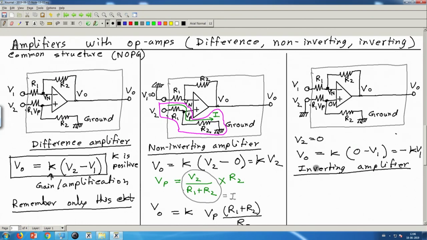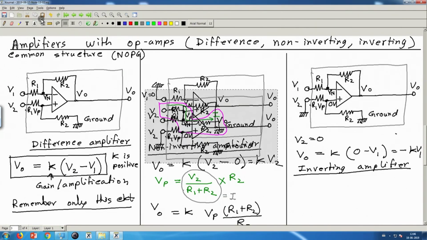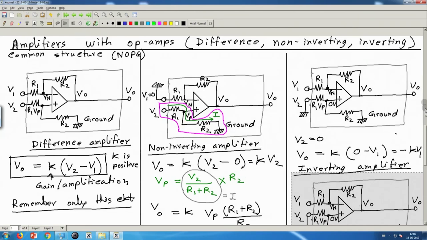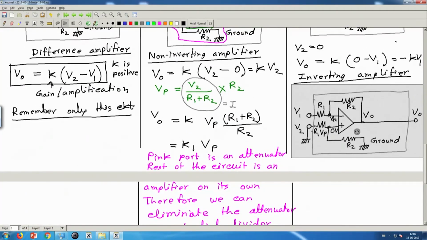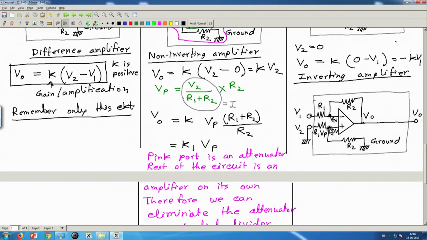Now if this is at 0 volt, why do I draw it with two resistances like this? Why do I not directly connect this point to ground? I can do it. So let me just copy paste. So this is the circuit. I know this is at 0 potential, so why do I need this?